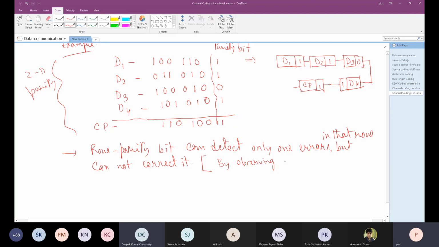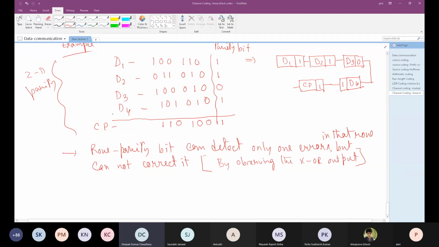By observing the XOR output of the bit stream, it can be easily deciphered that there is some error. But in which position the error is, that is not possible to tell.